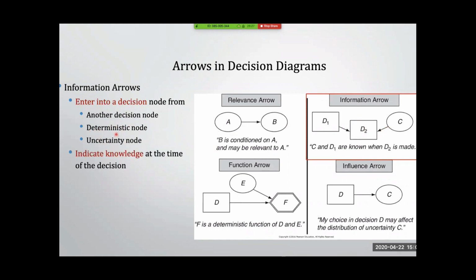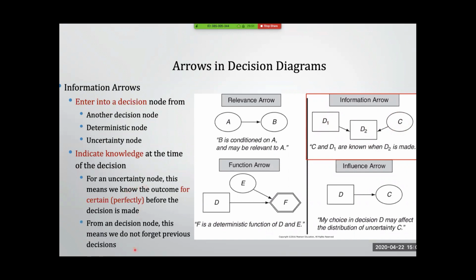Now, what it means: an information arrow indicates knowledge at the time of the decision. For example, when we look at this decision diagram, we know that at the time when the decision maker is making decision D2, he knows what happened with respect to distinction C. He knows what kind of past decision he has made in decision D1.